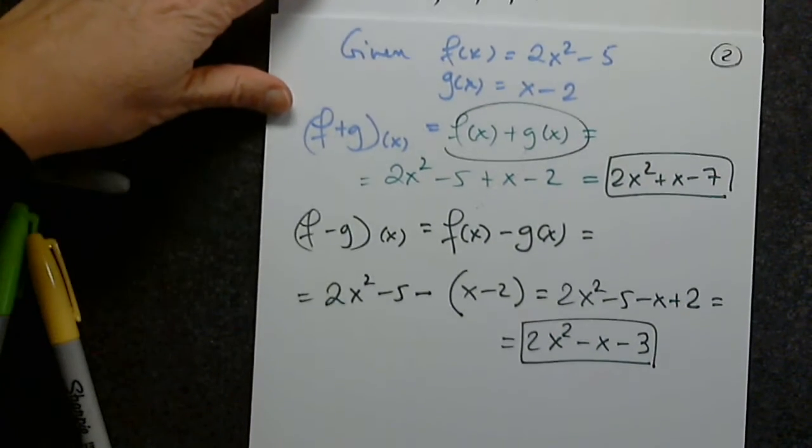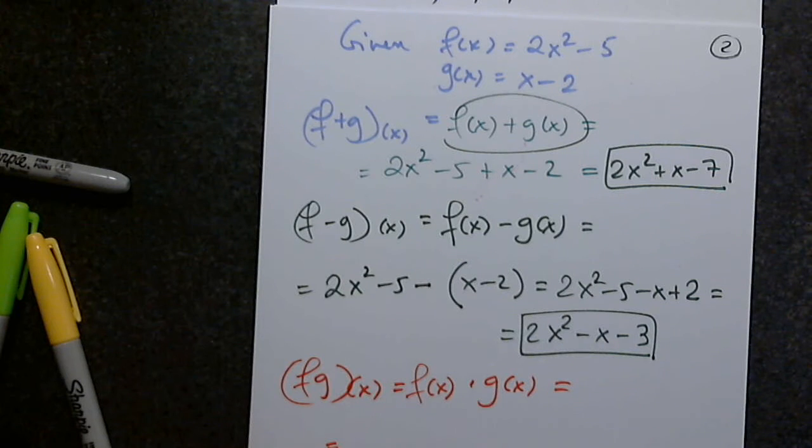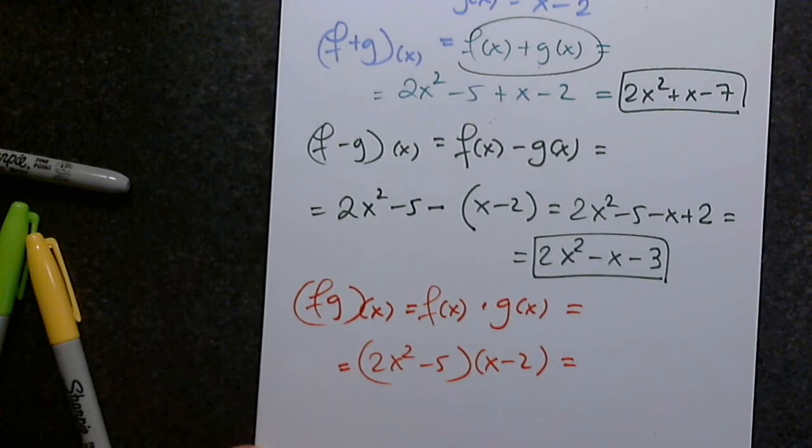Of course, the next one will be, what do you think? What do you think I am going to list next? Of course, fg of x, which by definition will be f of x times g of x. All I have to do is copy them, and they are 2x squared minus 5 side by side because I'm multiplying them. And I do have to use FOIL here because there are two binomials. It doesn't matter whether you start with x and distribute, or you start with 2x squared and distribute.